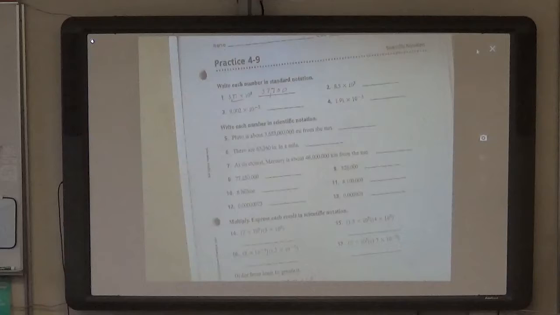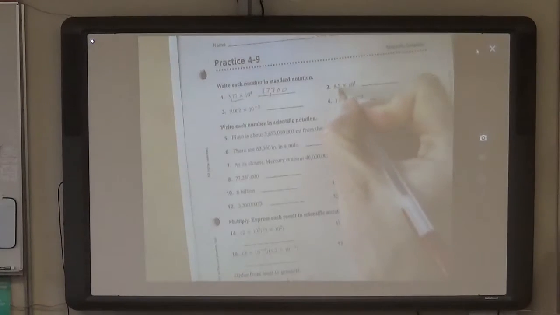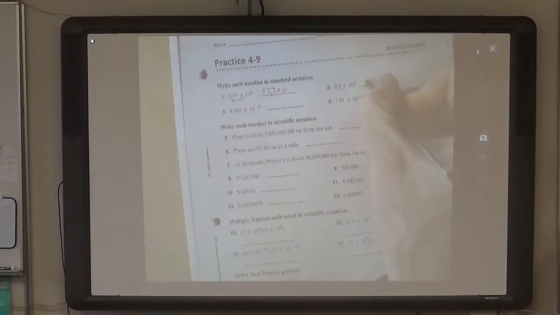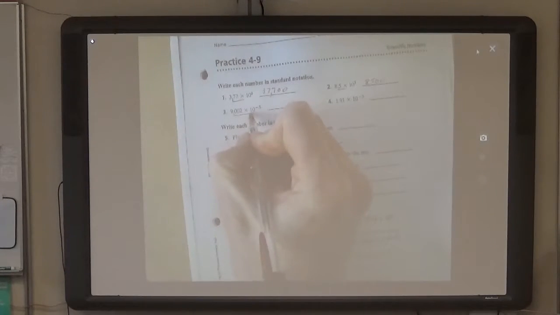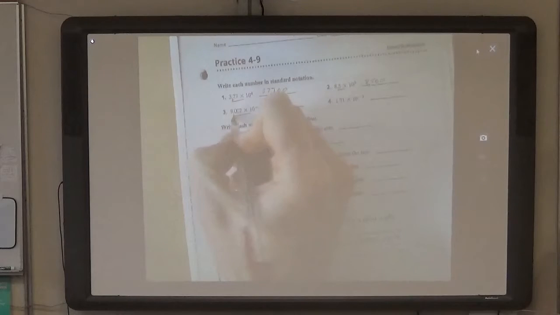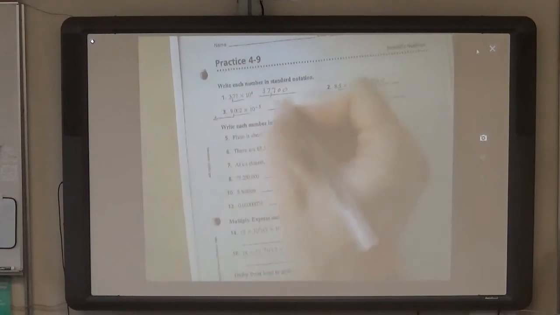When they're really small numbers, so this has to be 3 places past the decimal point. 8, 5, 0, 0. This one has to be 5 places. Oops, other way. This is negative. So this has to be 9.